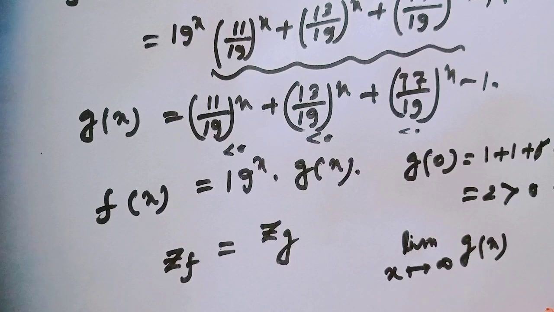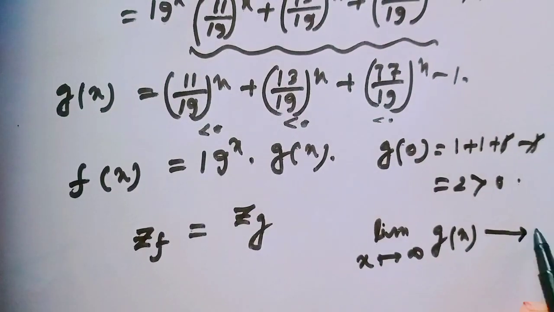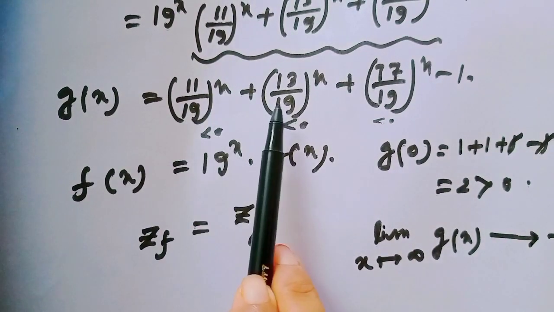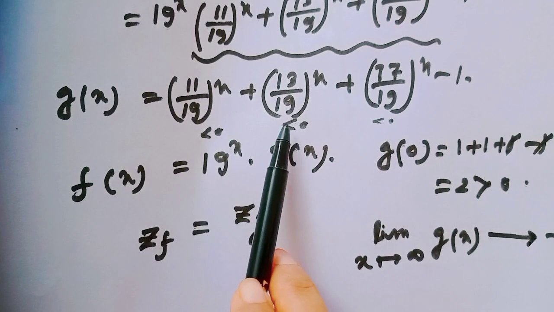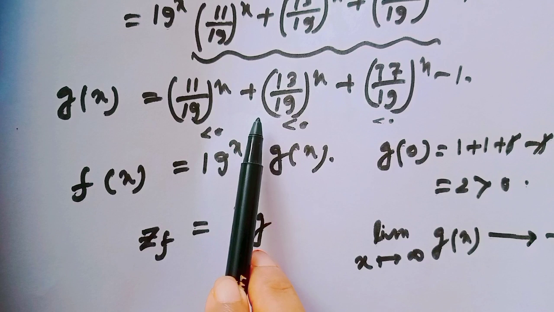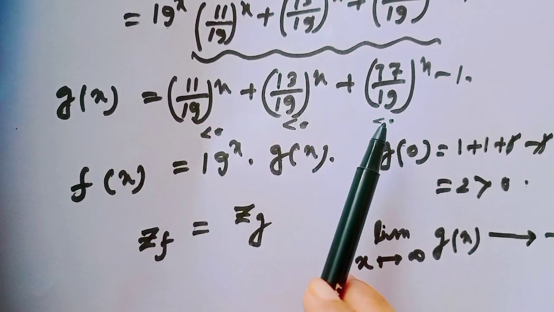That means this function tends to minus 1, since each of these three terms has a base less than 1, so in the limit as x tends to infinity, these terms tend to 0.